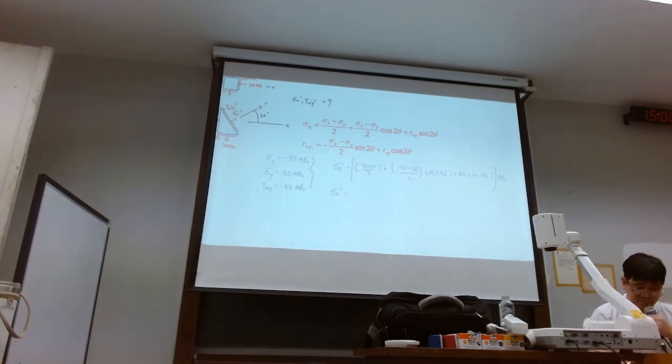The first term would be 0, and the second term would be minus 30 times cosine of 40 degrees plus 40 sine of 40 degrees.